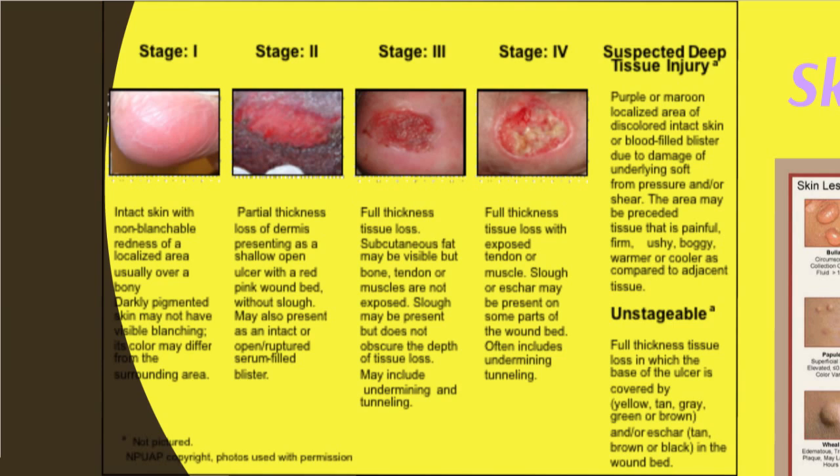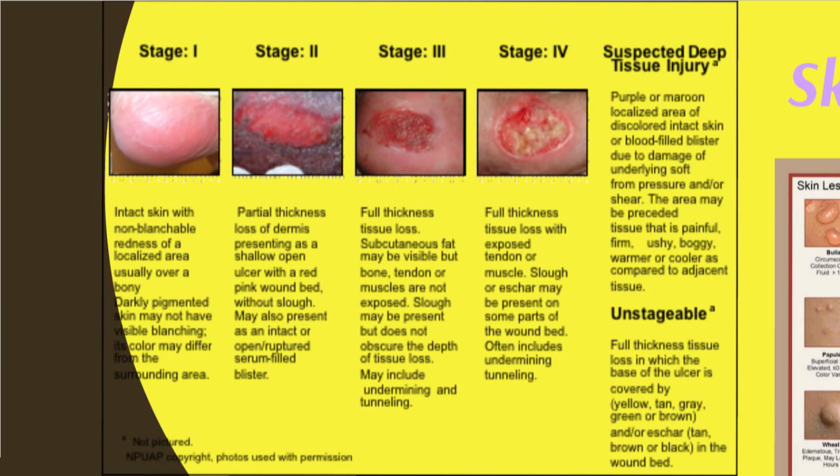Stage 3 is going to be full thickness loss. So with this, you'll see subcutaneous fat, but bone, tendon, or muscle are not exposed. Slough may be present, but does not obscure the depth of the tissue loss. This also may include some undermining. Do you know what undermining is?